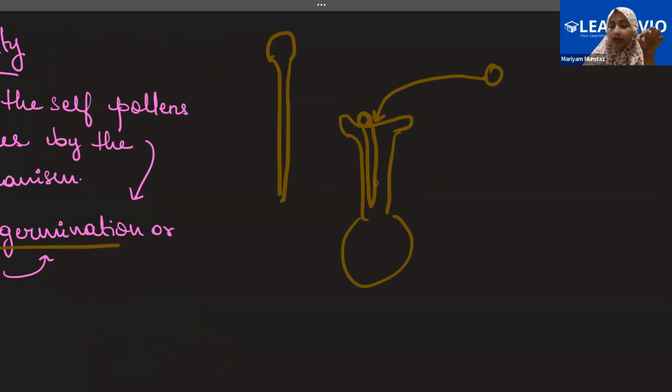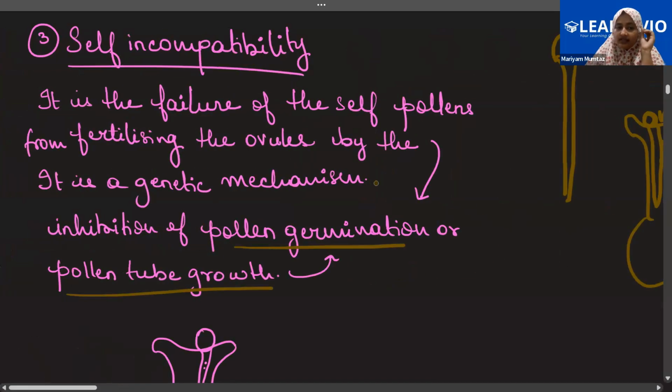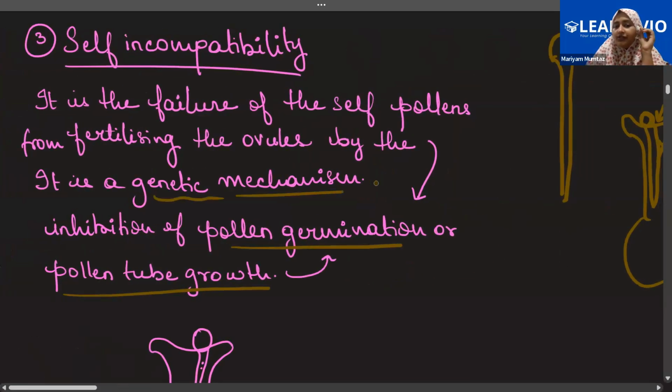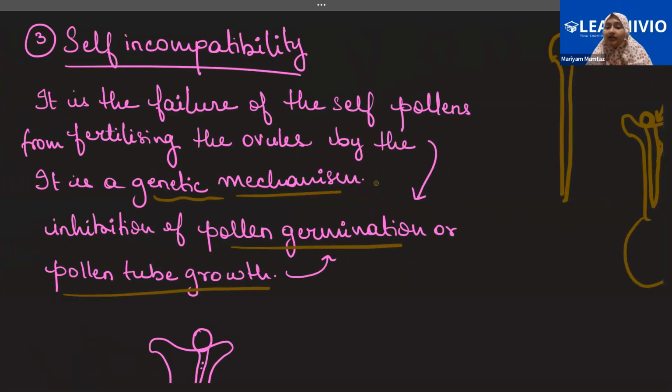This phenomenon is known as pollen tube germination or pollen germination or pollen tube growth. So if the pollen is a self-pollen, meaning of the same flower, then this will be inhibited. It will not be favored. This is a genetic mechanism, meaning the chemicals will not allow it to germinate. Clear?